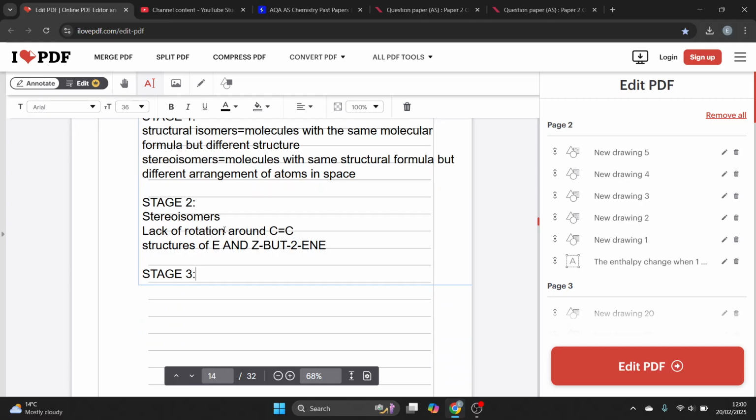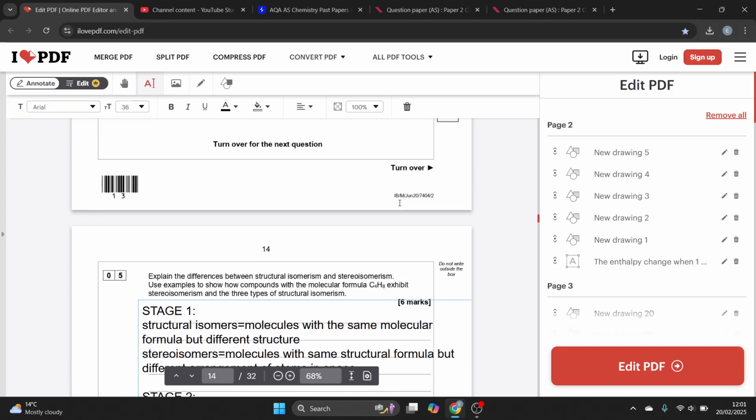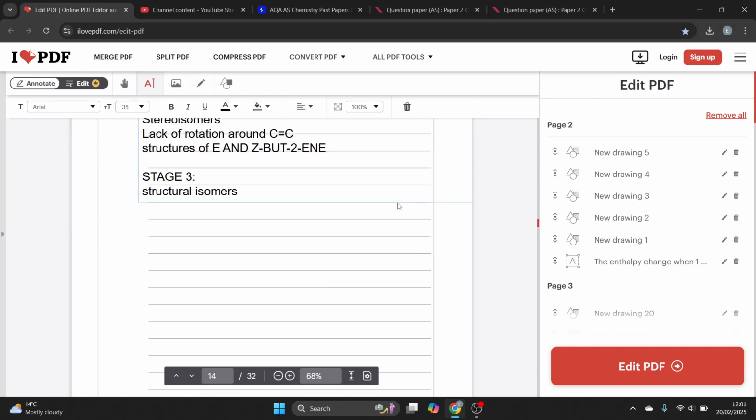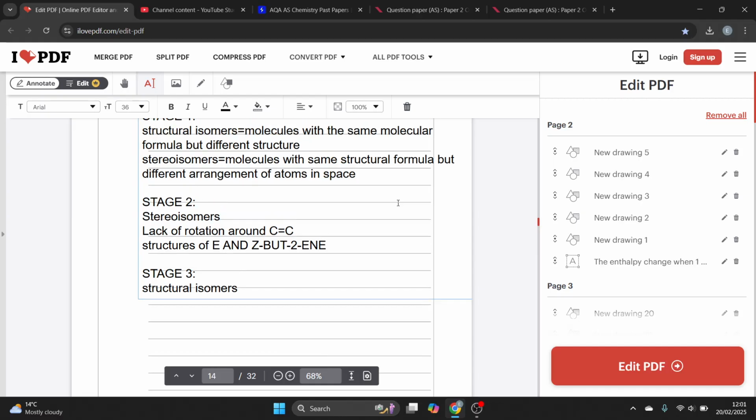Stage 3: the structural isomers, the three types of structural isomerism. So we've got the different carbon chains: methylpropene and but-1-ene.